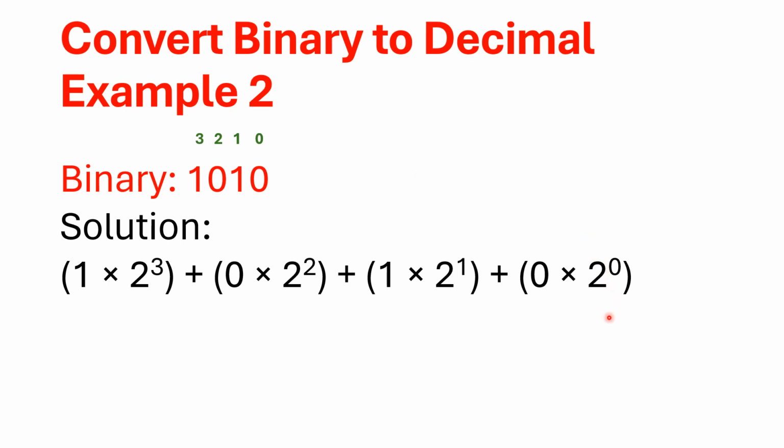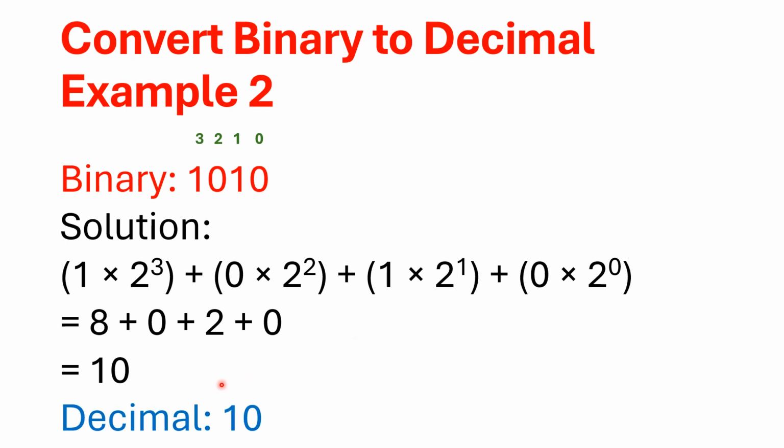Here 2 power 3 is equal to 8, and 8 multiplied by 1 is 8. 2 power 2 is 4, and 4 multiplied by 0 is 0. 2 power 1 multiplied by 1 is 2, so we write 2. And 2 power 0 is equal to 1, and 1 multiplied by 0 is 0. When we add 8 plus 2, it is equal to 10. So we can say that 1010 in binary is equal to 10 in decimal.